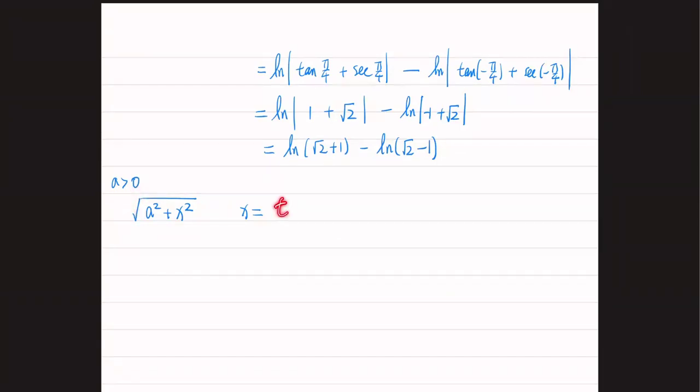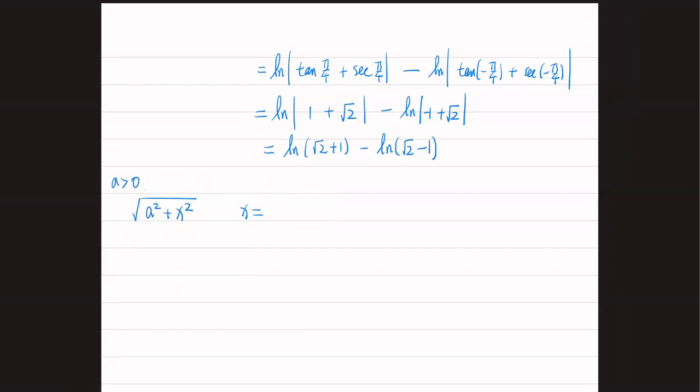Could we use tangent? Then it will be a squared plus tangent squared. No, it doesn't work. Sophia, what would you do? You make it a tangent theta.